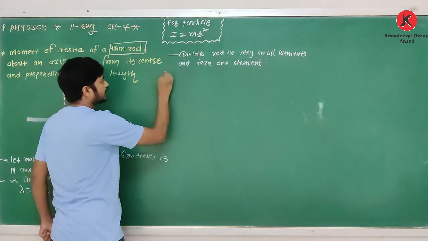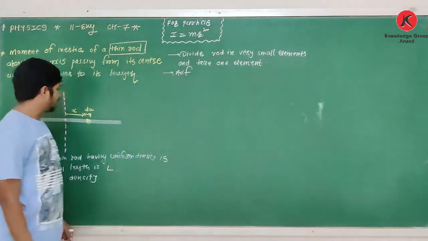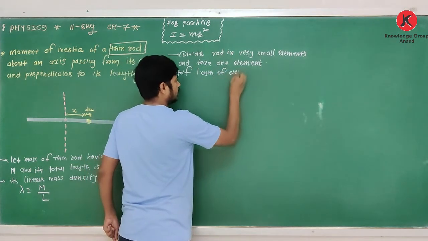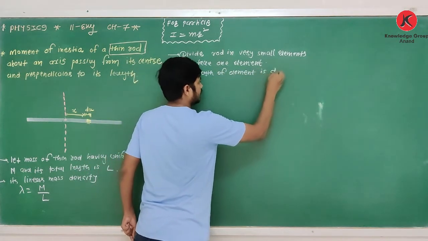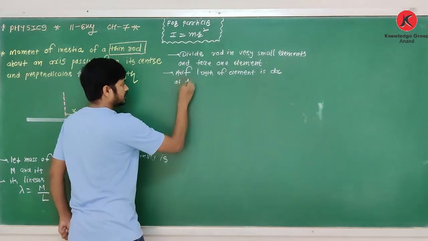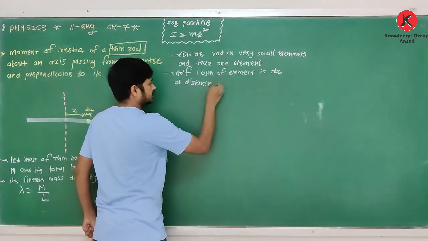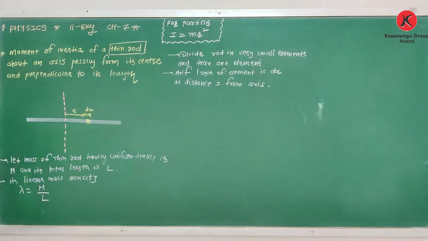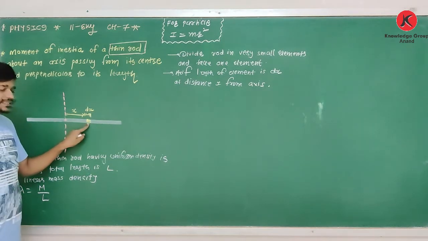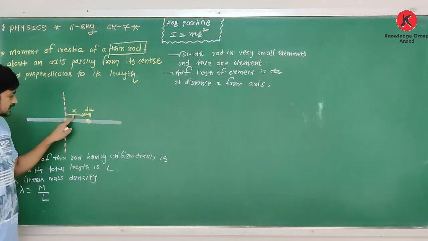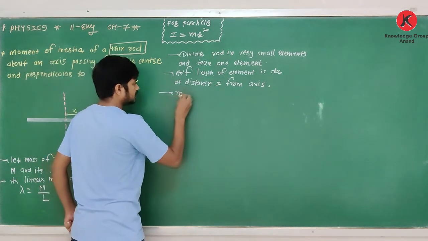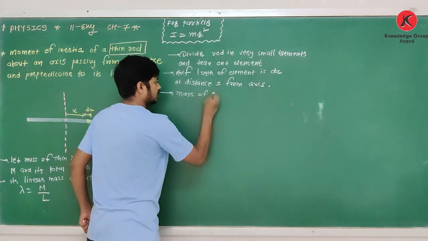As shown in the figure, the length of the element is dx at distance x from the axis. Clear about this? So I can consider this element as a particle. I know the distance. First of all, I have to find the mass of the element. So how do we find the mass of the element?